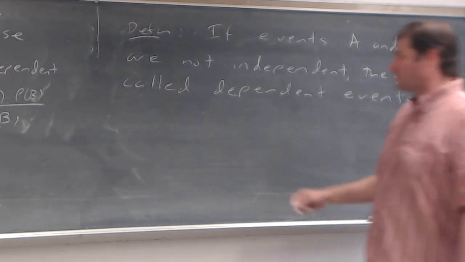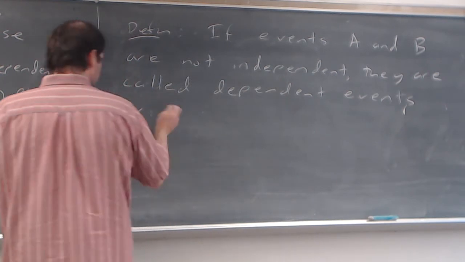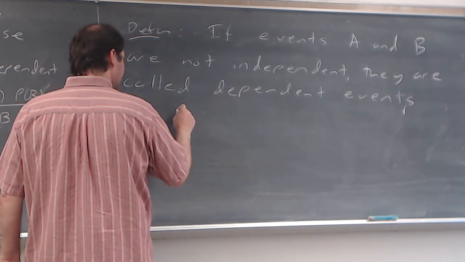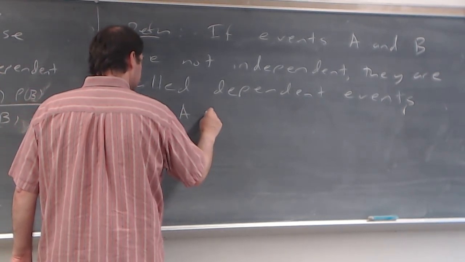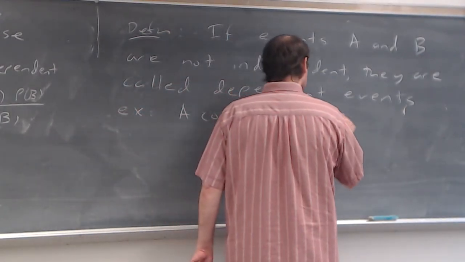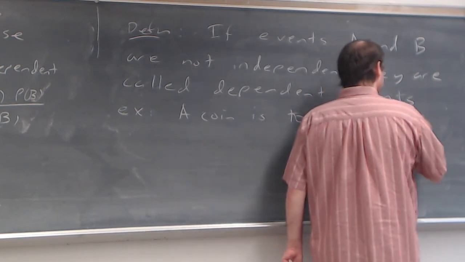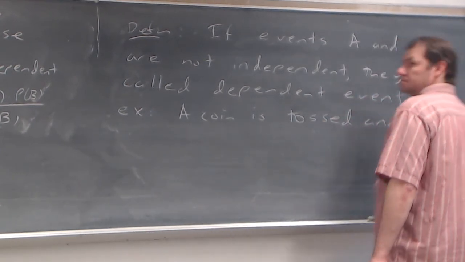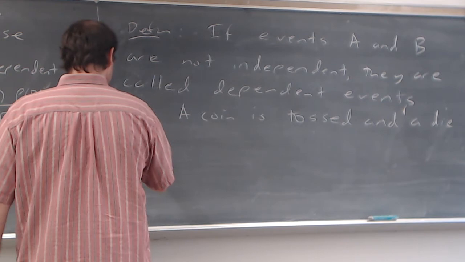Now let's look at an example. So in our random experiment, a coin is tossed and a die is rolled.